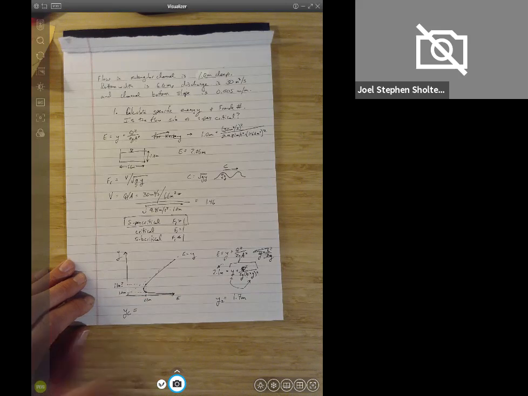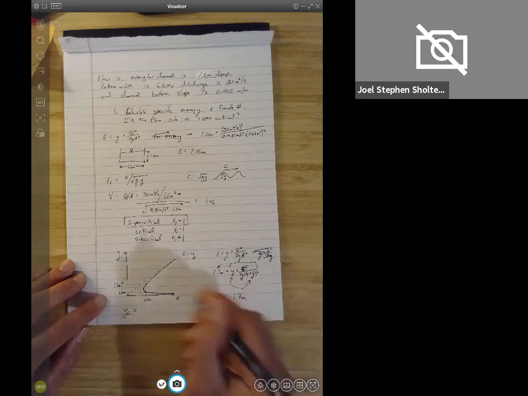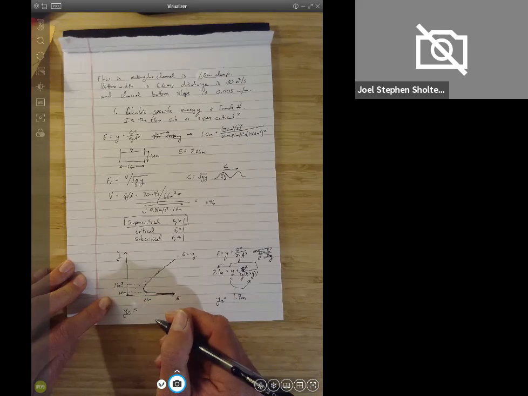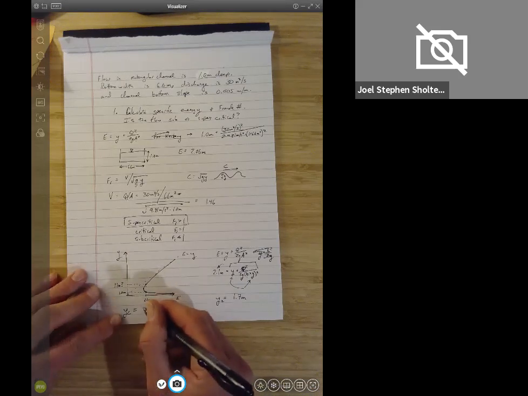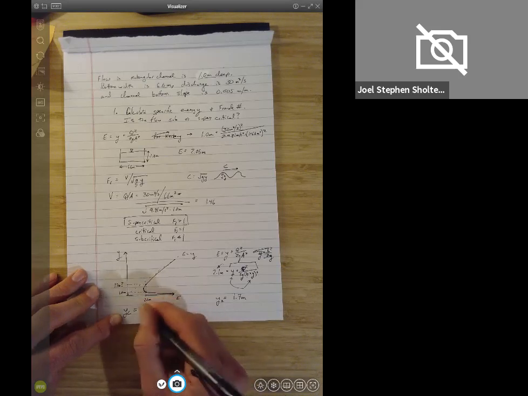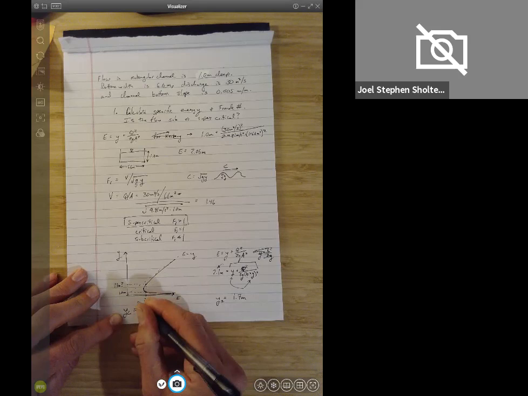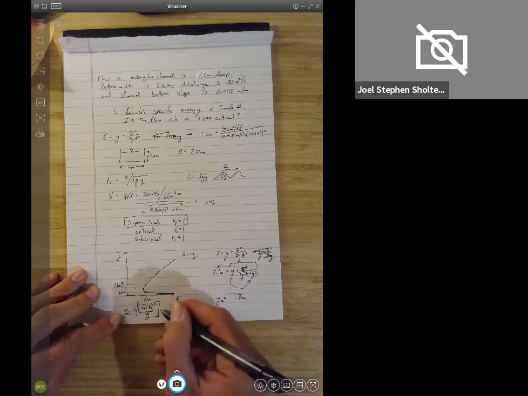Critical depth is going to be equal to Q over B, squared, over G, and then all of that is to the 1/3.